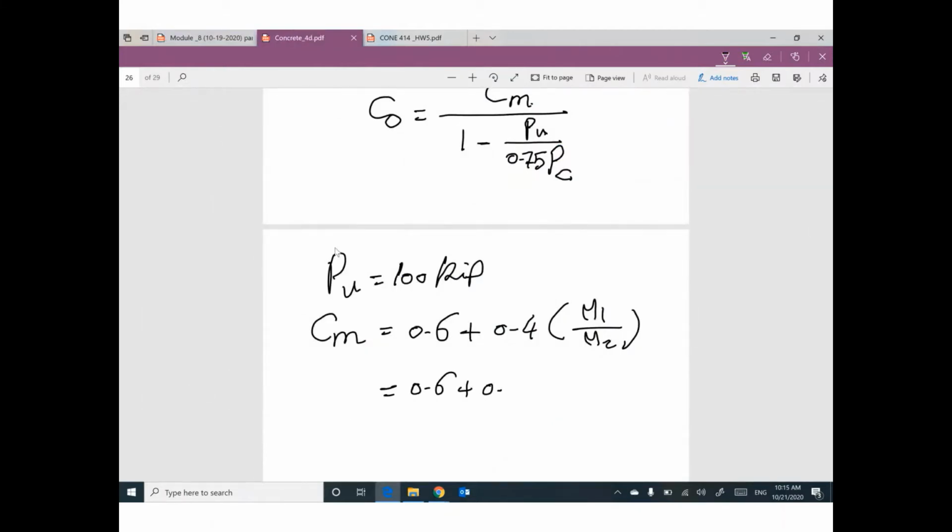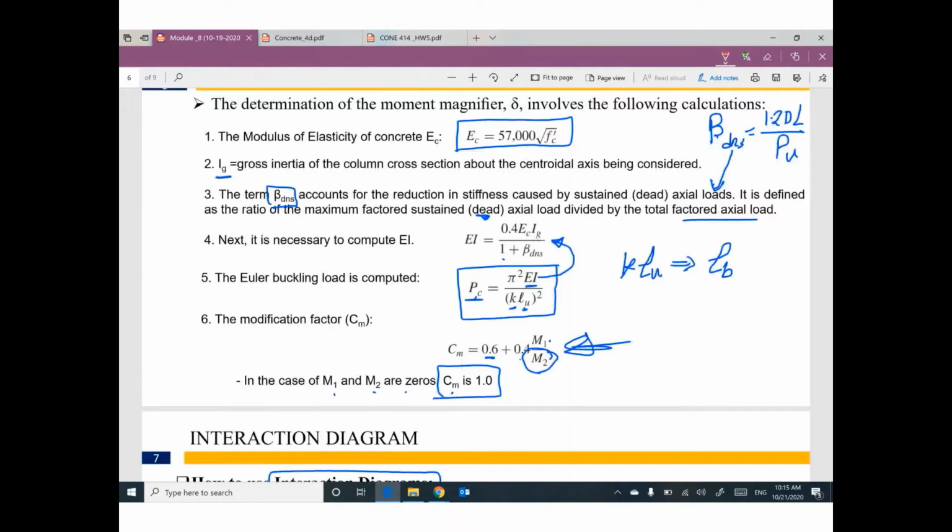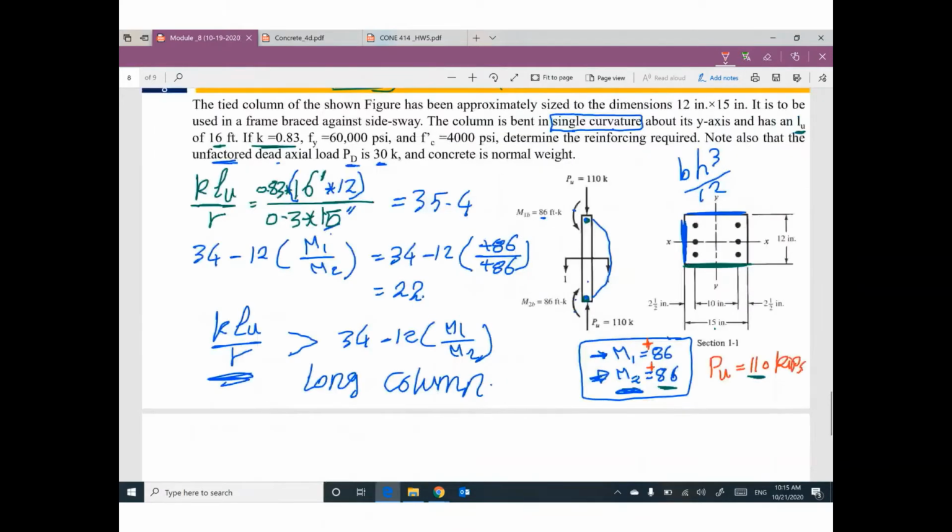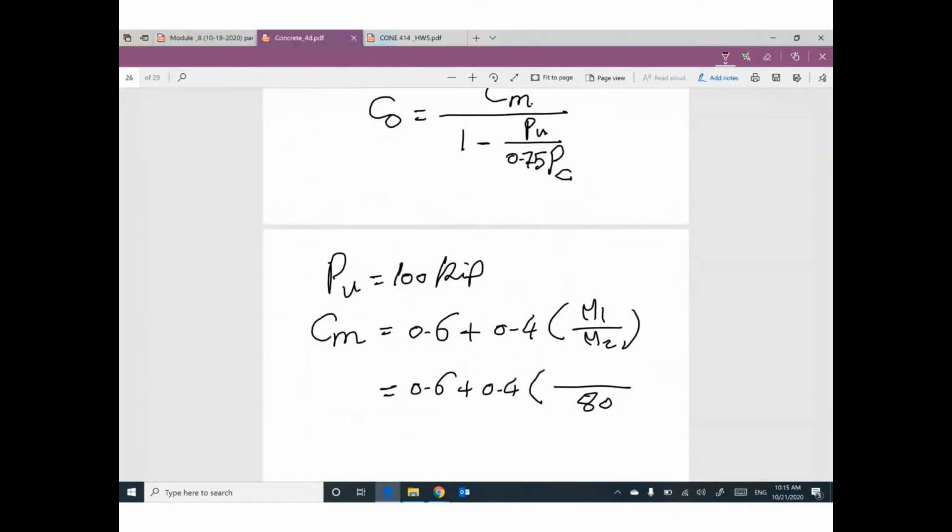What is the value of M1? 80. M2? M1? 75, I think. Make sure you are putting the correct signs, because if you have negative, everything will be changed.